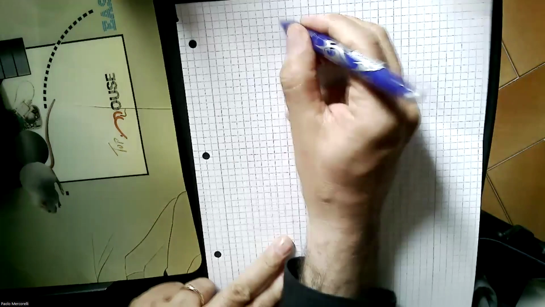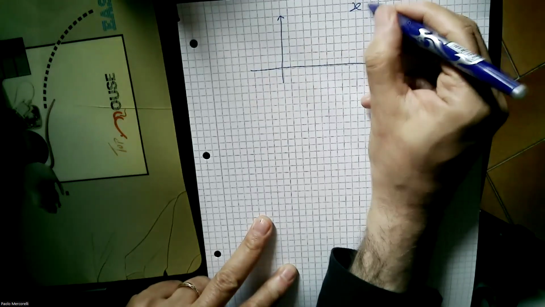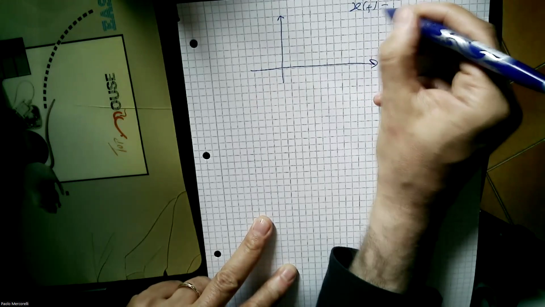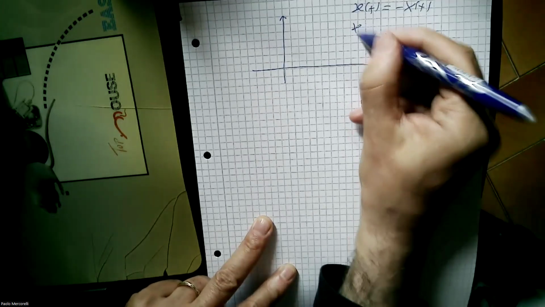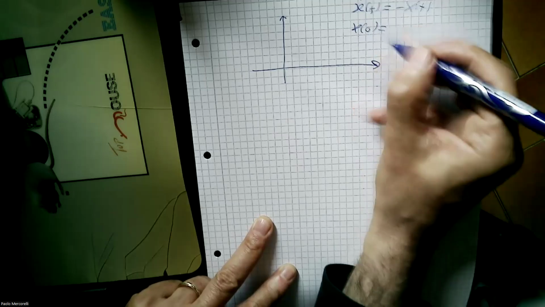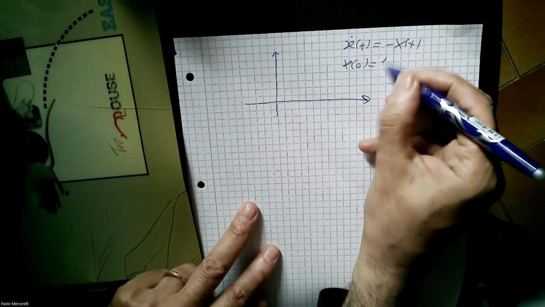What I explained until now can be summarized in this form: x dot of t minus x of t equals zero, with x of 0 equal to 1.